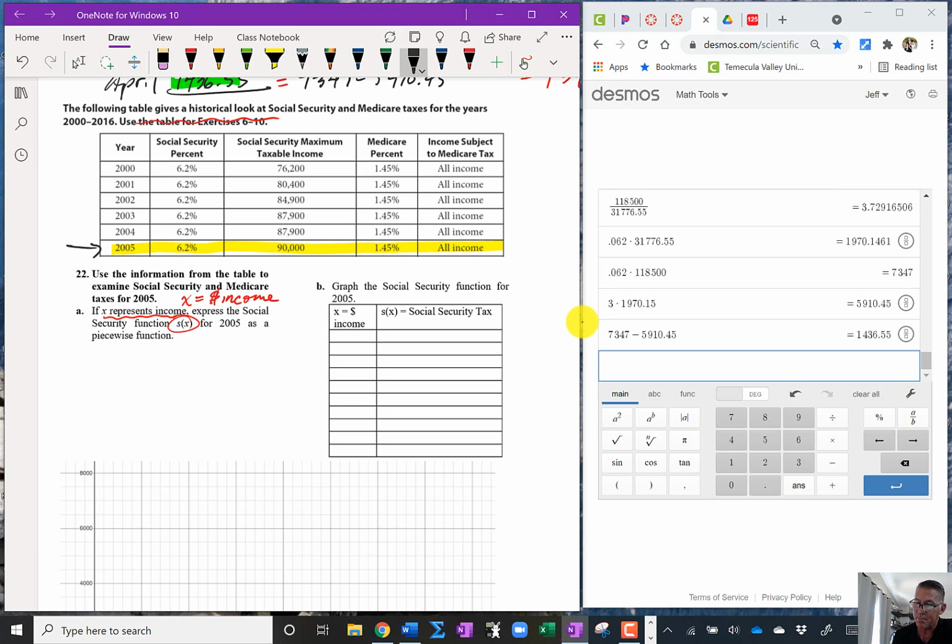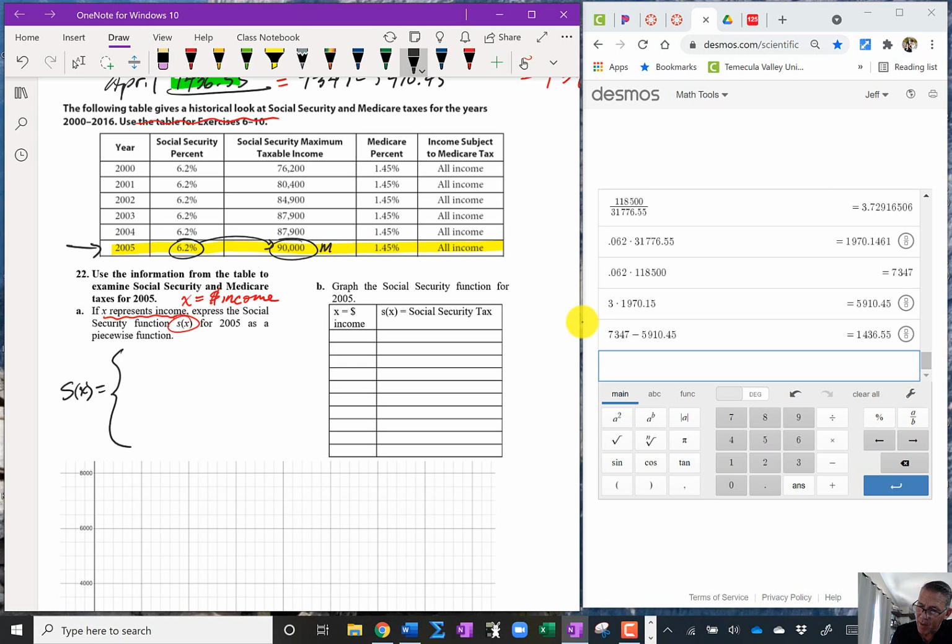Now, if it's over that, then things change. It becomes constant. So at the max, we have to calculate 0.062 times 90,000, and put a number down here. I think we've done this before. It is 5,580.